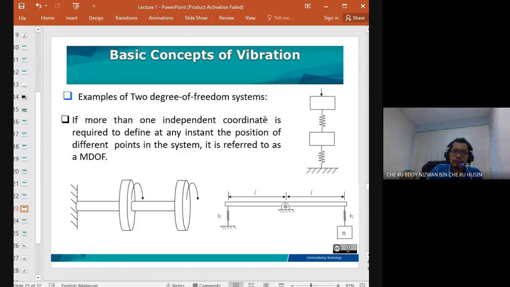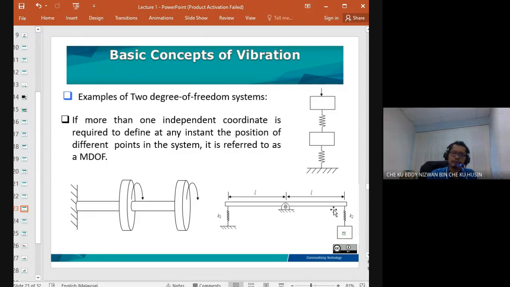And this one is 2 degrees of freedom. This is a 2 degree of freedom example for translation motion, and rotational motion for the torsional system. And this one is also 2 degrees of freedom, which we call a coupled system, a combination of translation and rotational motion.